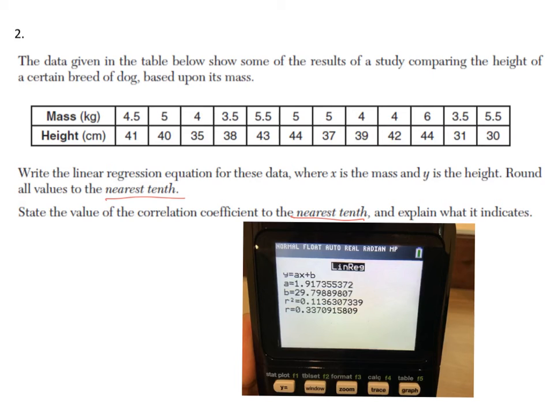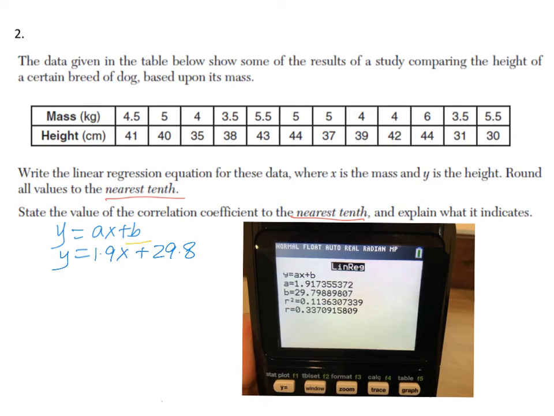So once we get this, we just plug in our responses. y is equal to ax plus b. We want the nearest tenth, so let's plug in our values: 1.9x plus 29.8.